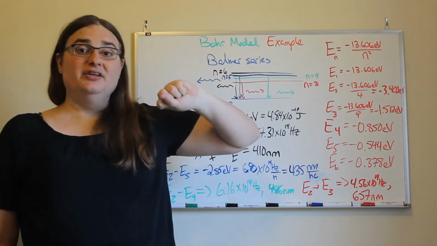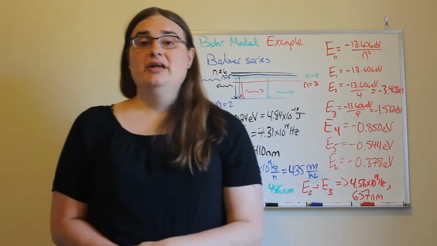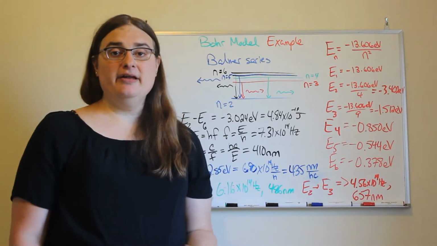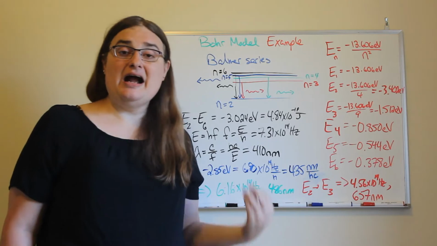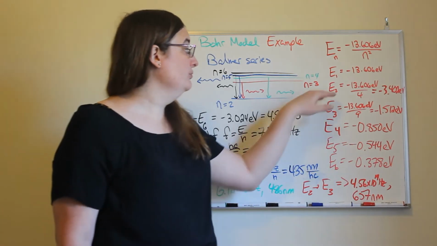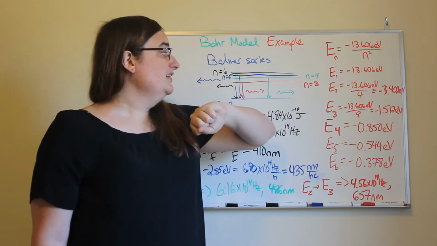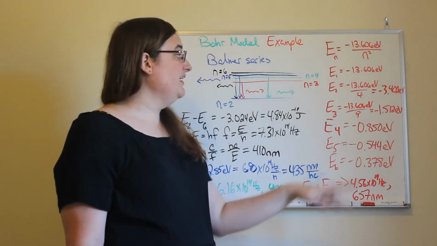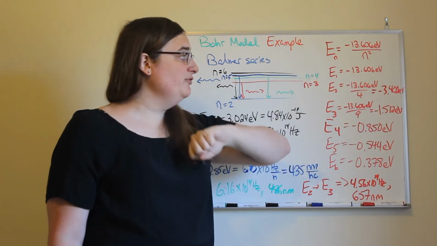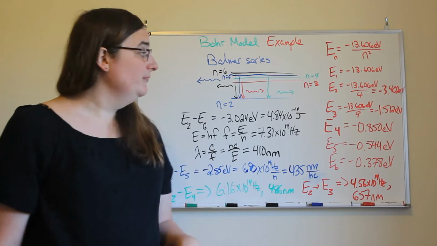My next energy level, which is the bottom level in the Balmer series, where if we're emitting light, the electrons in higher orbits would be dropping to, the energy of the second orbit is going to be negative 13.606 electron volts divided by 2 squared, which is divided by 4, so that would give me negative 3.402 eV.